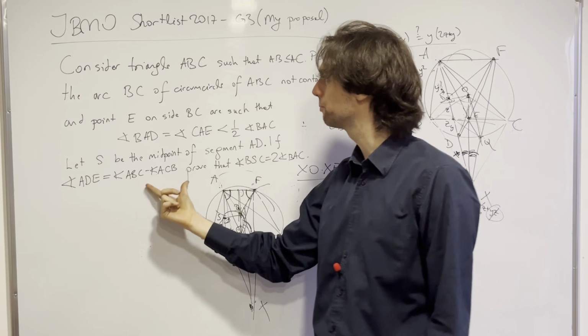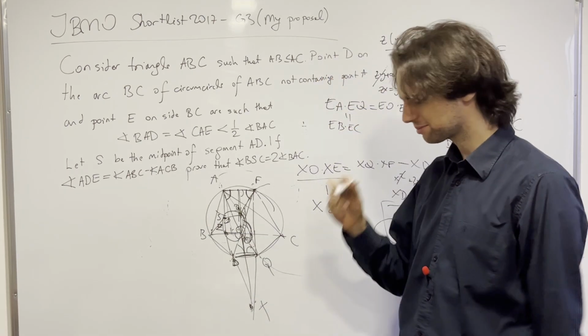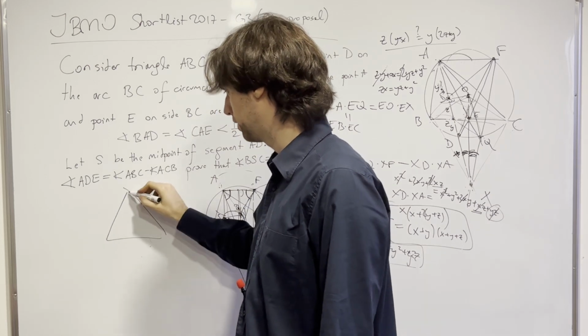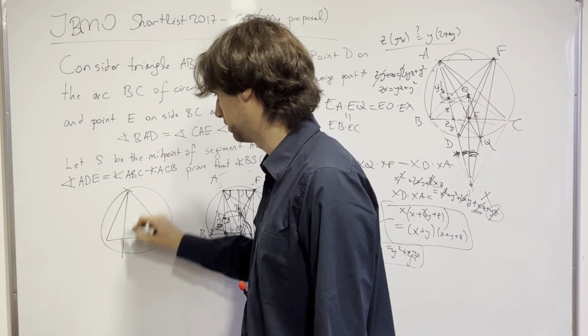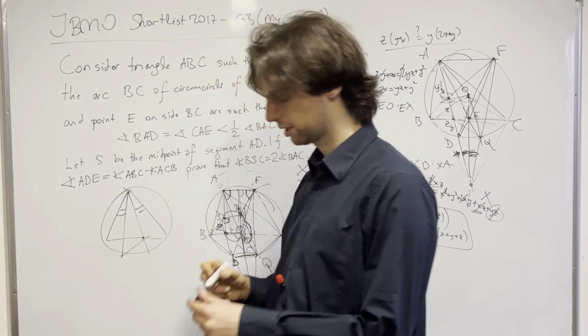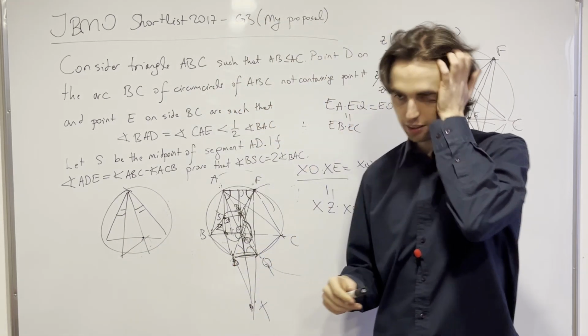The way I made the problem was I was doing a problem from the JBMO, which had this condition that these two angles are equal. And then I thought to myself, okay, wait a second.